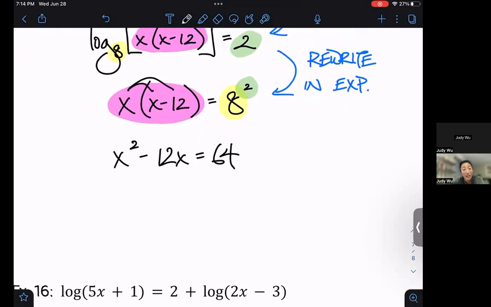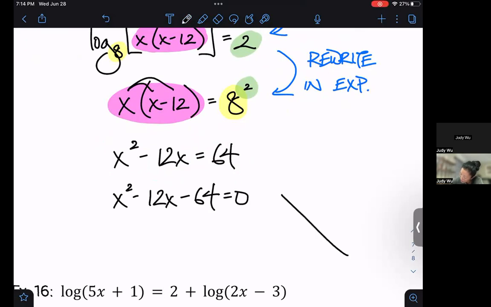Now I see a quadratic, right? I see that x squared and a linear term and a constant. And so I'm going to think back to what do I do when it comes to quadratics? I'm going to move everything to one side, set it equal to 0, and factor, right? So x squared minus 12x minus 64 equals 0.